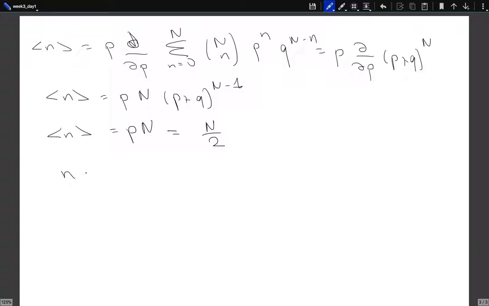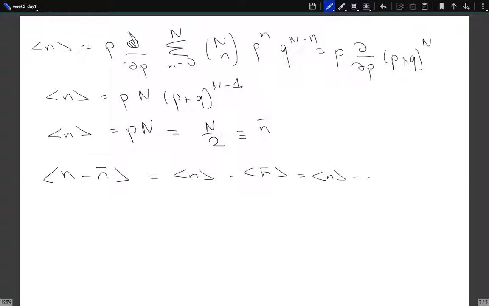Now, the deviation, well, let me just call this n bar. I will also use this bar to denote the averages. So this is the deviation from the average. Well, if we just take the average of this one, this is the average of n minus the average of the average of n.